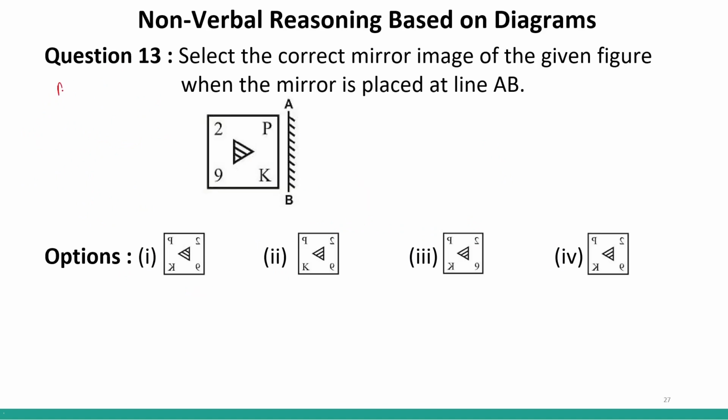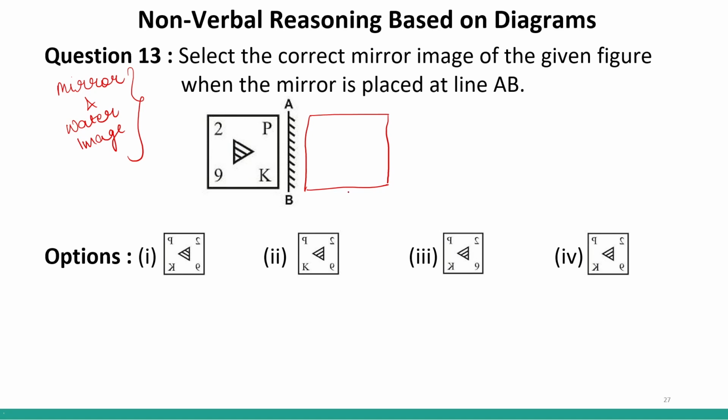Question number 13 is a mirror and water image question. Okay. Mirror and water image. We have to select the correct mirror image of the given figures when the mirror is placed at line AB. So at line AB, this figure is given. So the square will remain the same. This we have already discussed.